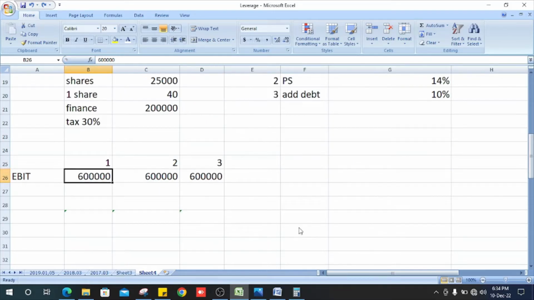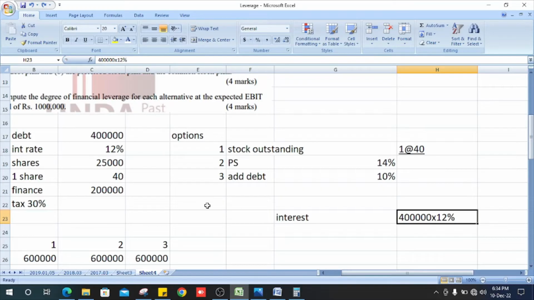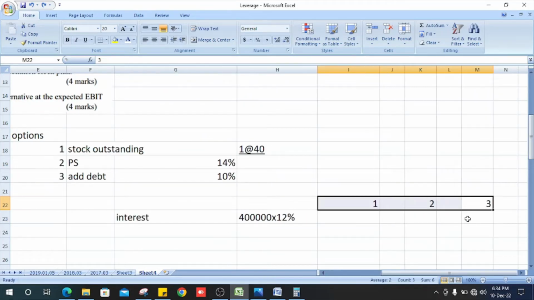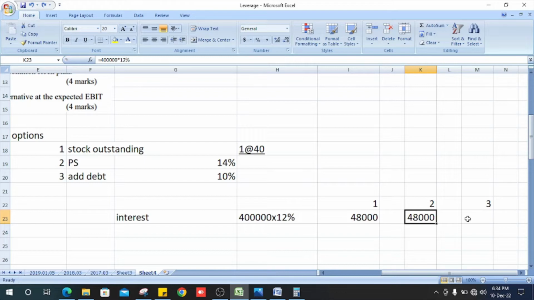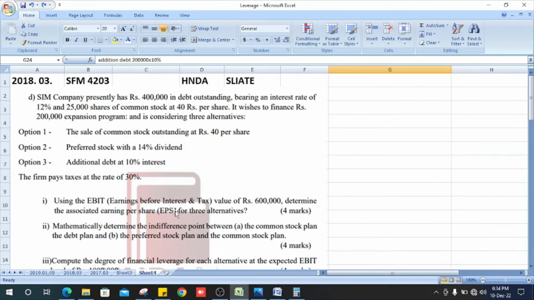Next, we can calculate the interest. How do we get the interest? This interest is 400,000 multiplied by 12%, the interest rate. It is the same value for option 1 and option 2. Let's see option 3, additional debt at 10%.